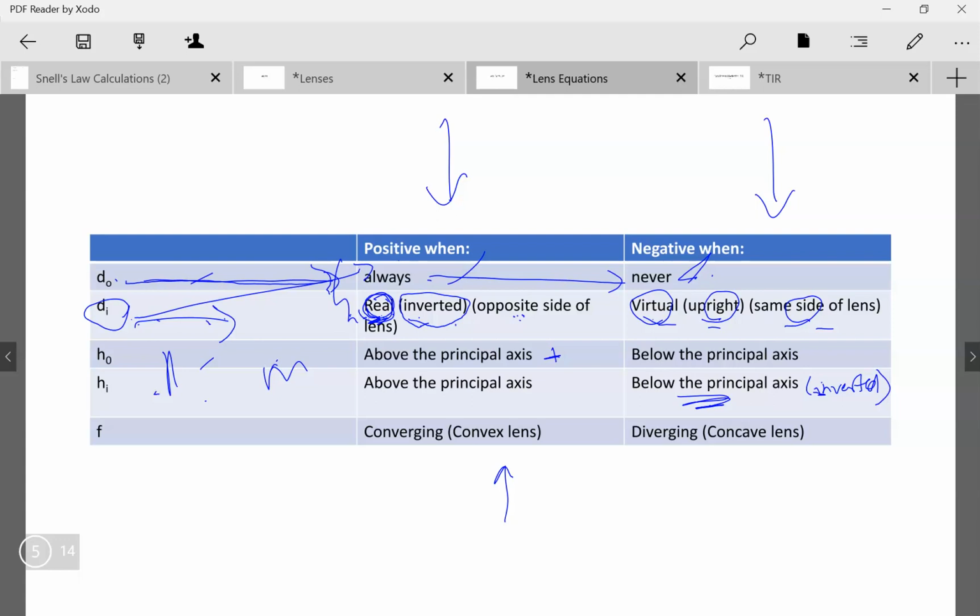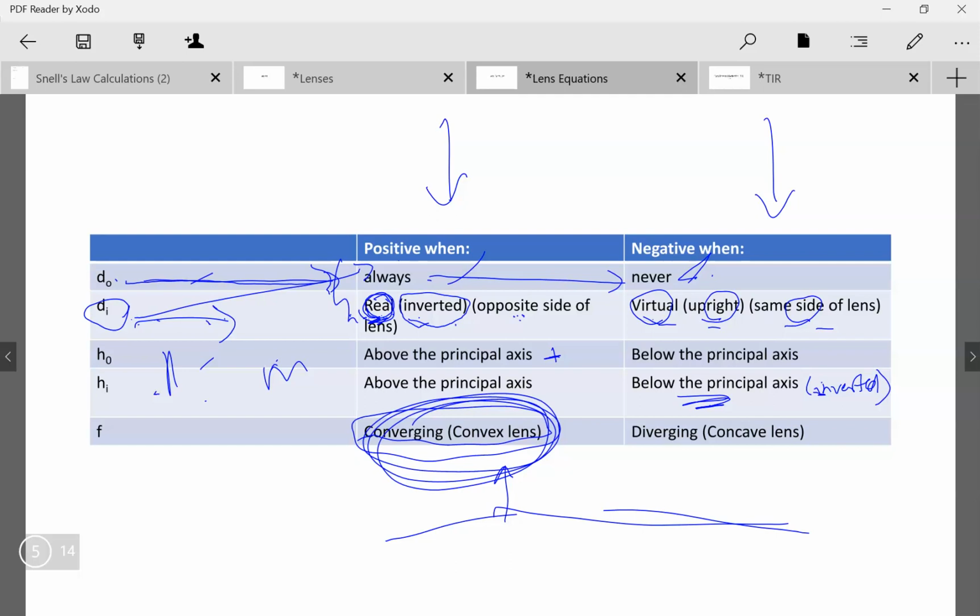So it kind of depends, but usually we'll only be doing objects that are above the principal axis. Upside down objects are not done as often.